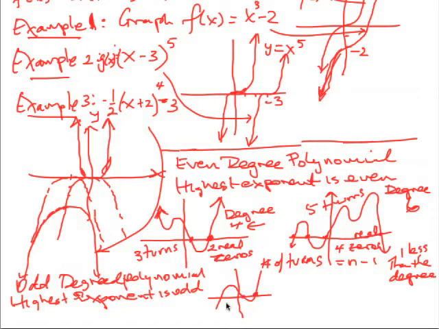Notice that we could have 3 real zeros. And of course, real zeros are complex, so we have 3 complex. We can't have any more than 3 according to the fundamental theorem of algebra. Notice that we have 1, 2 turns. So it follows the same pattern. The number of turns is 1 less than the degree.